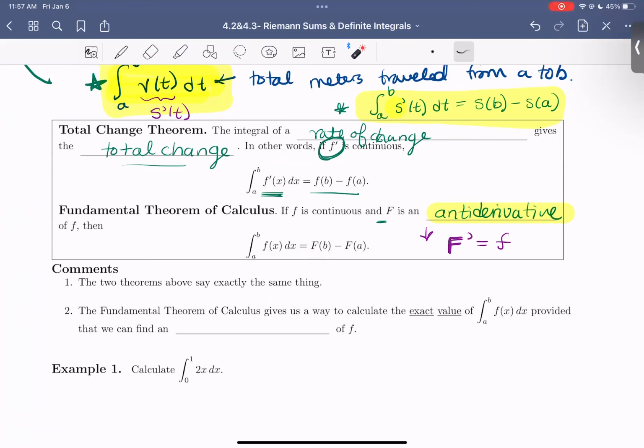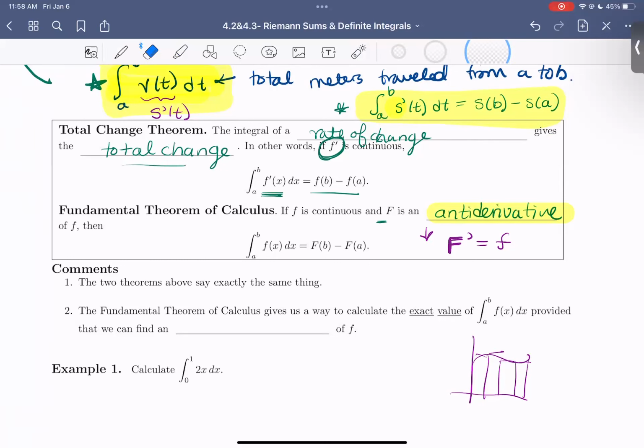Number two, the fundamental theorem of calculus gives us a way to calculate the exact value of an integral. So far, to compute these integrals, we've had to use geometry, using shapes under curves. We've had to approximate by chunking up the area under our curve into rectangles. But now we can actually get our hands on that value exactly.